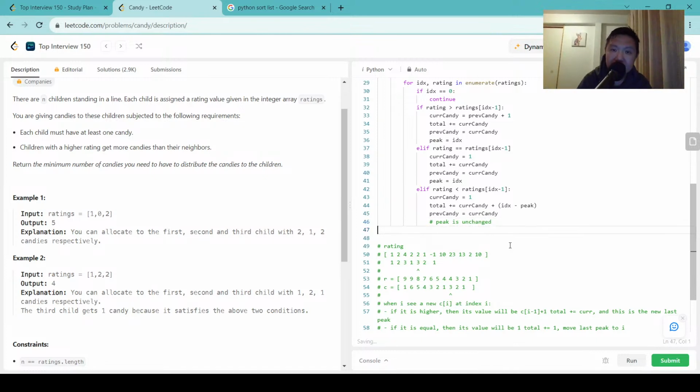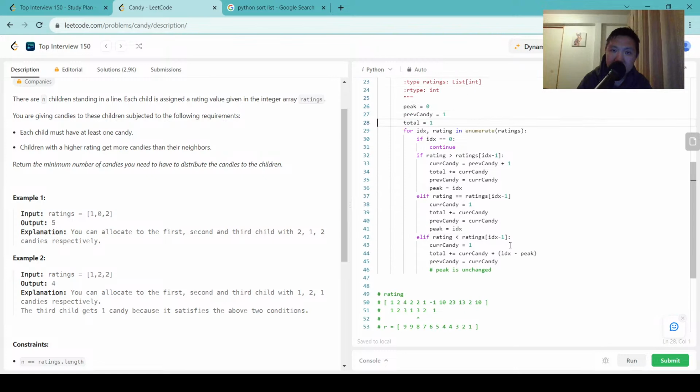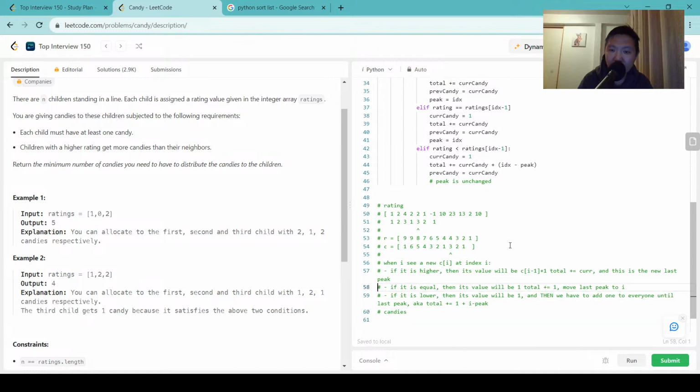I think this works. Just for completeness, if IDX equals 0, peak equals IDX. Let's just leave it. This should work. Basically what it's doing is essentially codifying this.